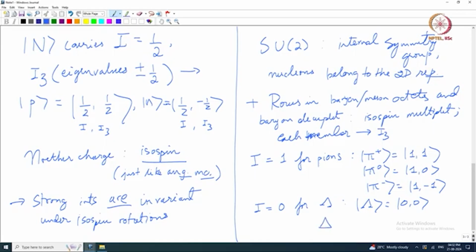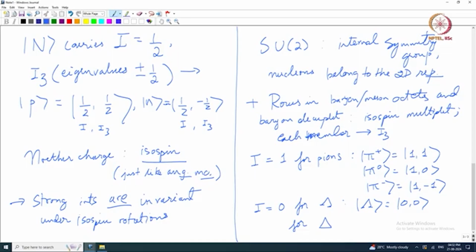How about for the delta baryon? What is a delta baryon? What is it made of? It depends on which electric charge assignment we are looking at, but it is made of basically u quarks and d quarks, okay.